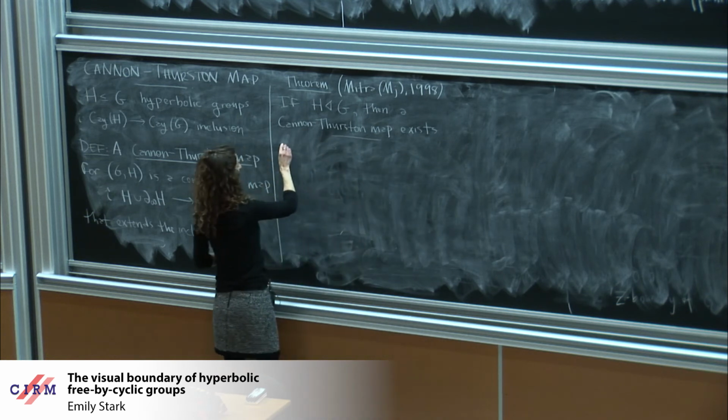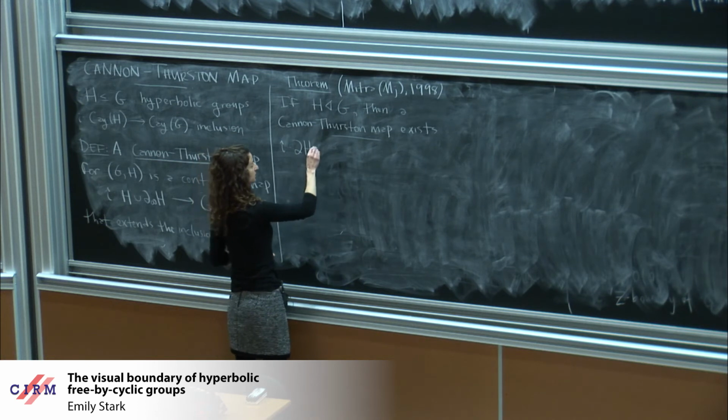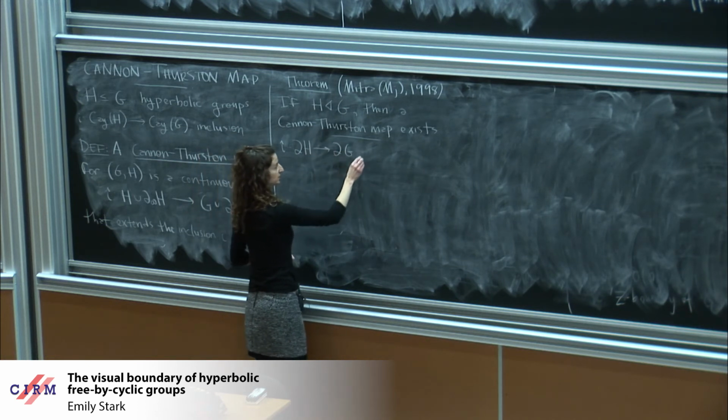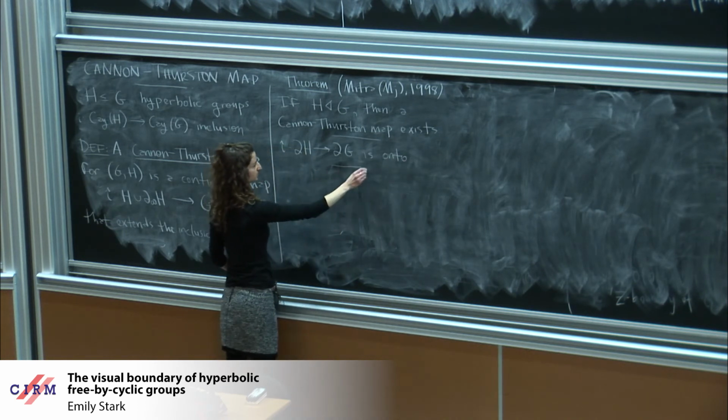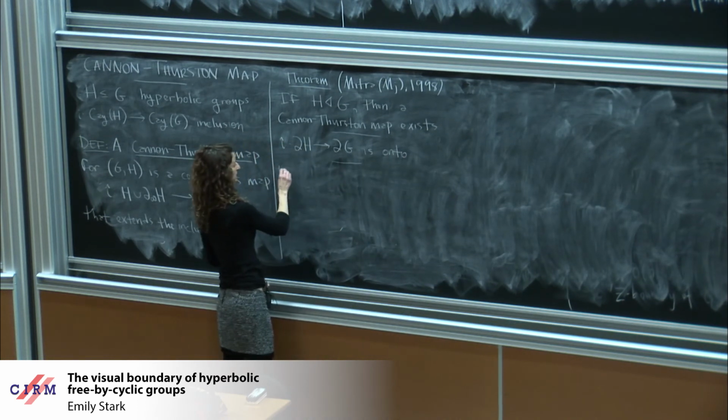And moreover, in this setting, the Cannon-Thurston map restricted to the boundary of H to the boundary of G is surjective since H is normal. So there are two relevant examples of this theorem.